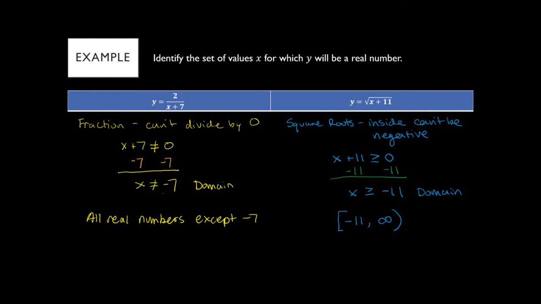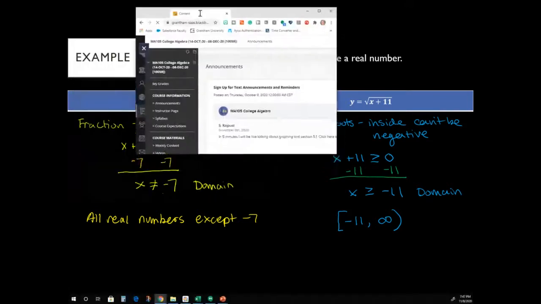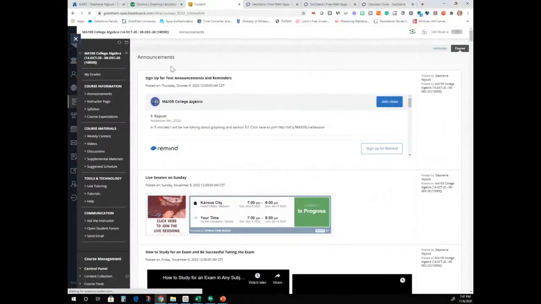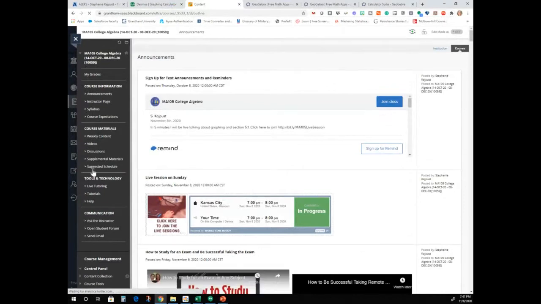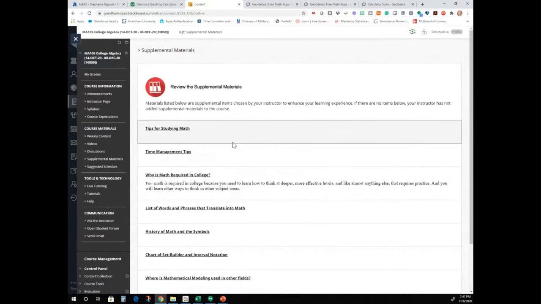I'm going to open up the classroom because I'm pretty sure it might be in the supplemental materials. I didn't know if it was something with the X and the Y, if it should be on one side versus the other.